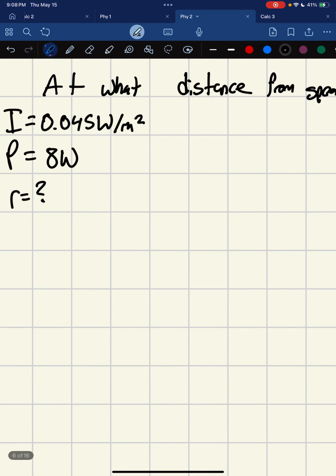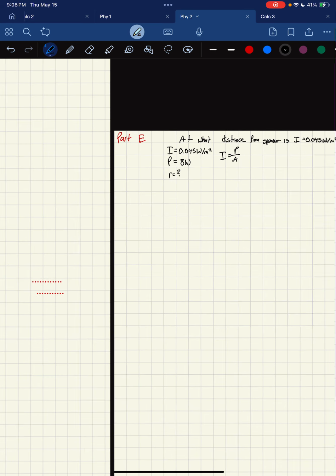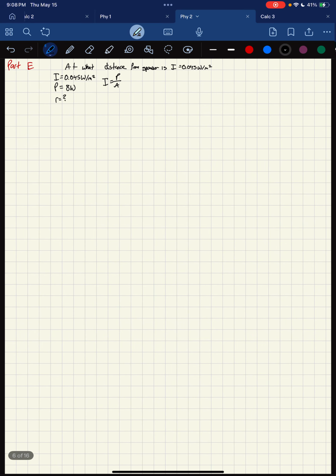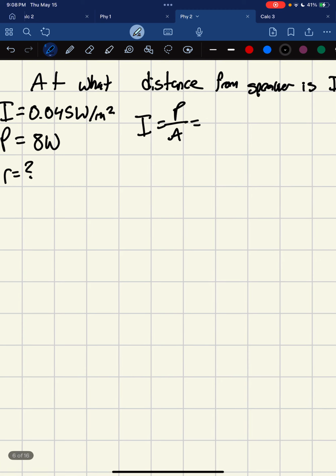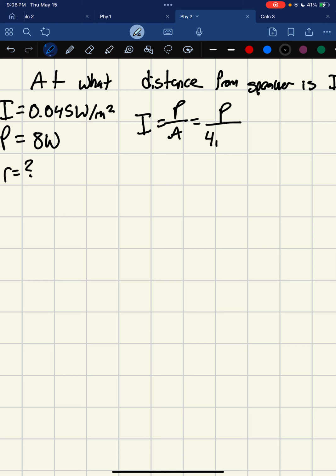So in the previous problem, I knew I is equal to P divided by the area. And in this problem, I don't know the area, so I can describe it as 4 pi r squared.